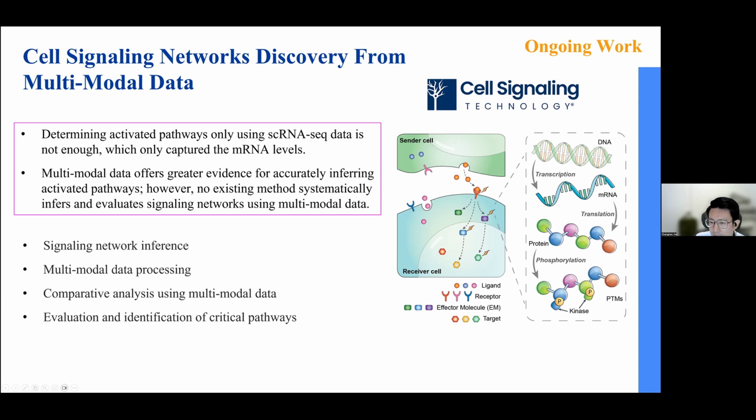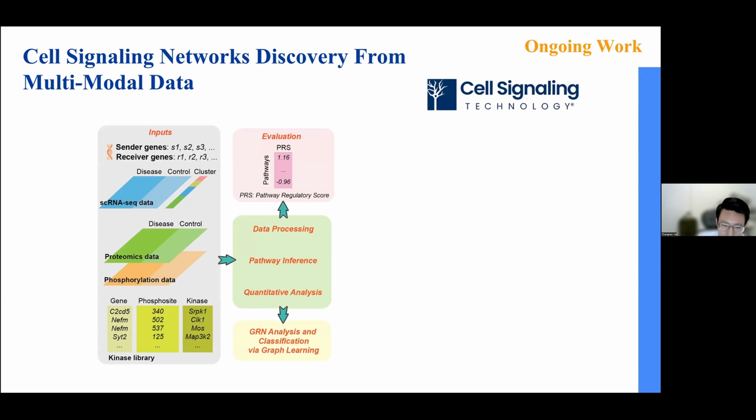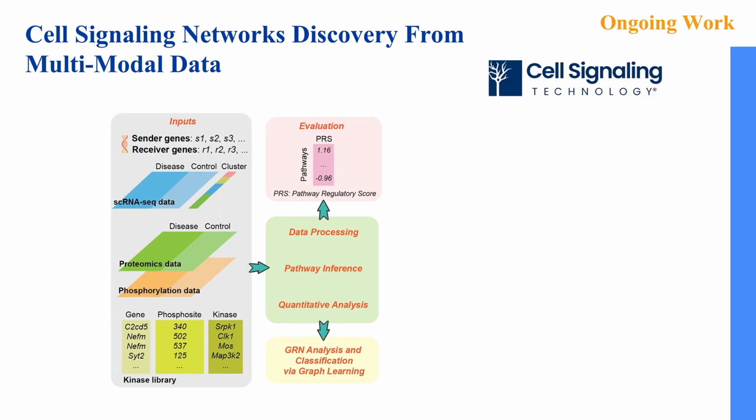CST can provide proteomics data and phosphorylation data, and they have their own database to infer the kinase information. The basic workflow of this method is that we have input genes: sender genes and receiver genes. These genes are user input, like what genes you are interested in.